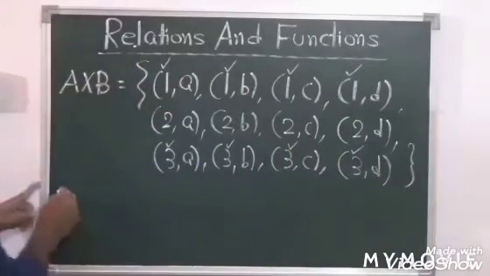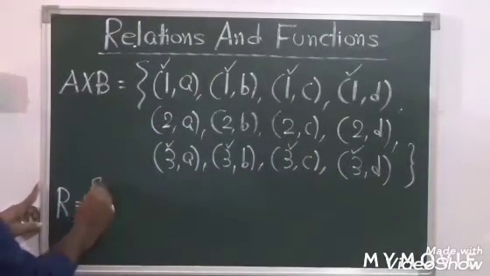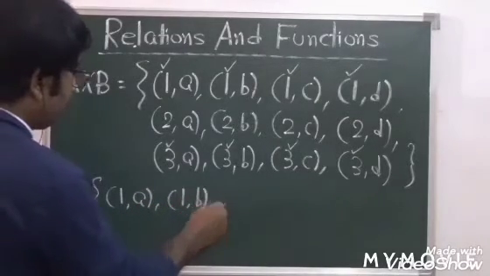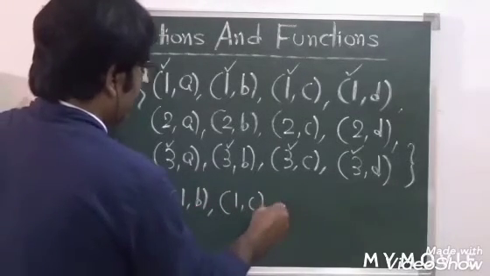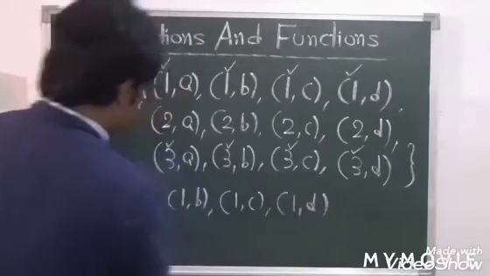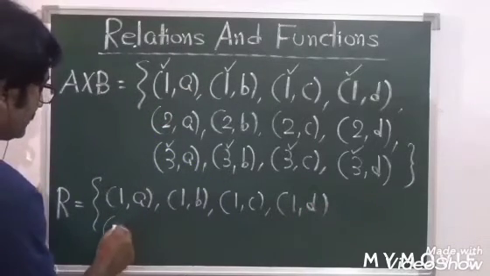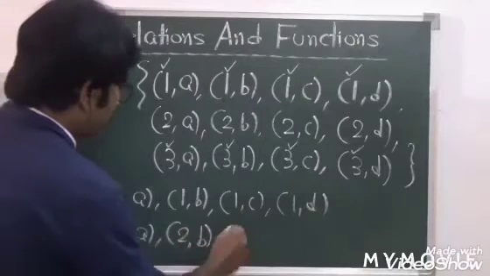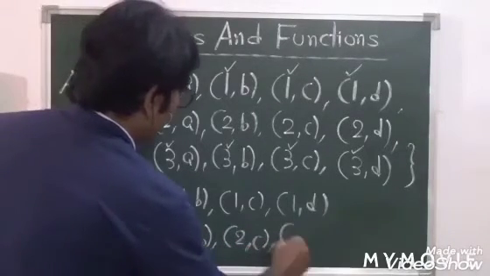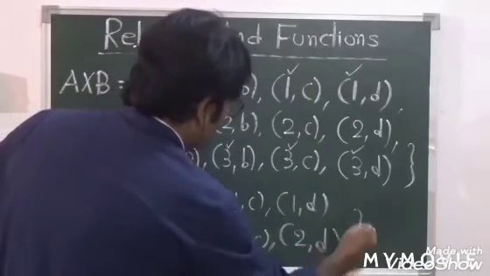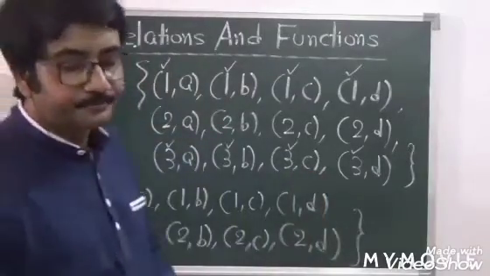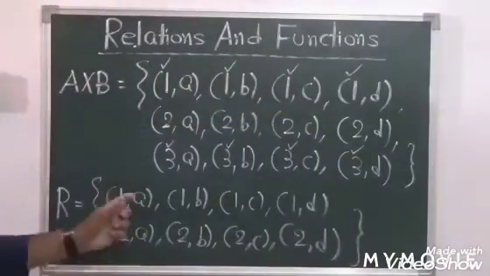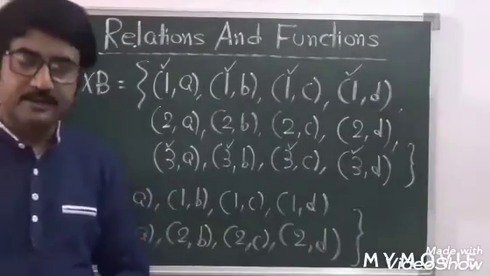So we write the relation R as 1a, 1b, 1c, 1d, 2a, 2b, 2c and 2d. That means this is the relation under the condition that the first element of the ordered pair will be an odd number, right?